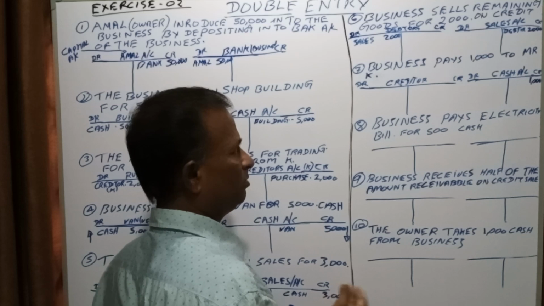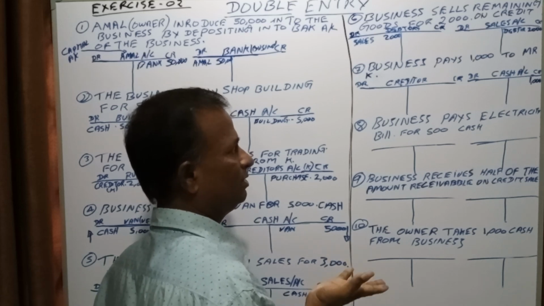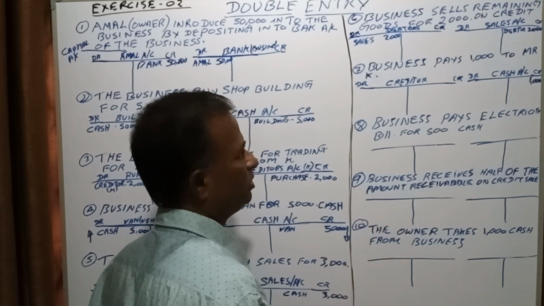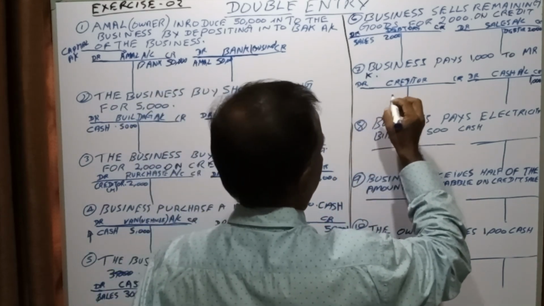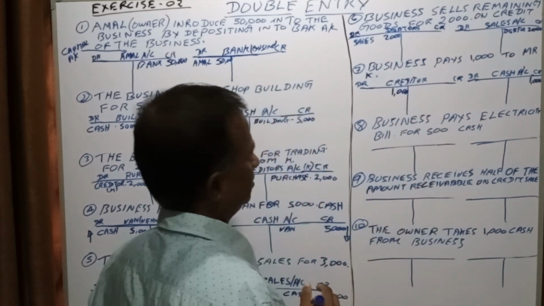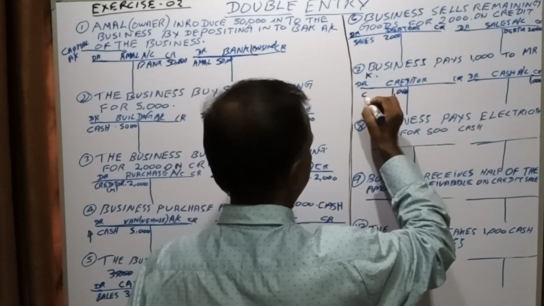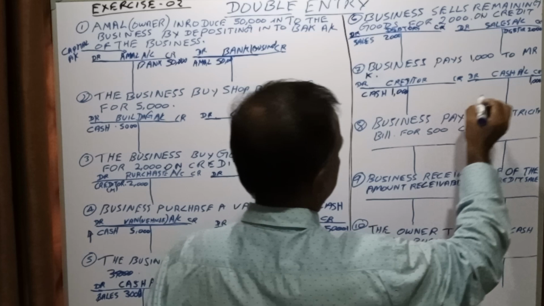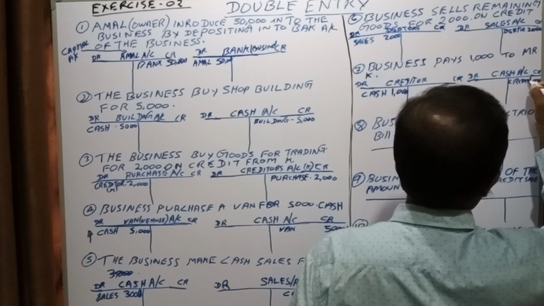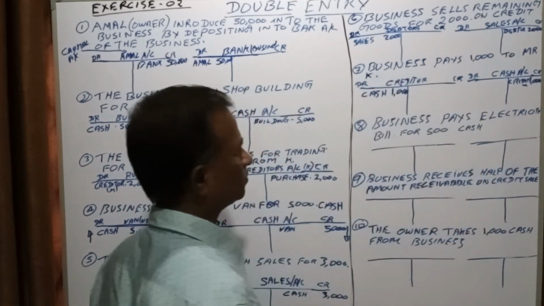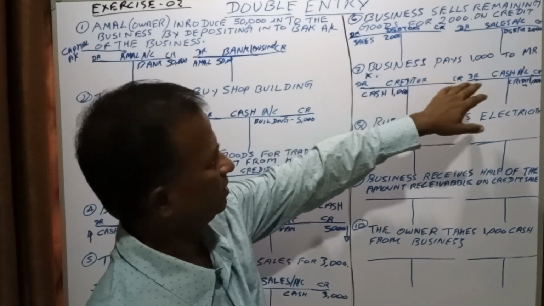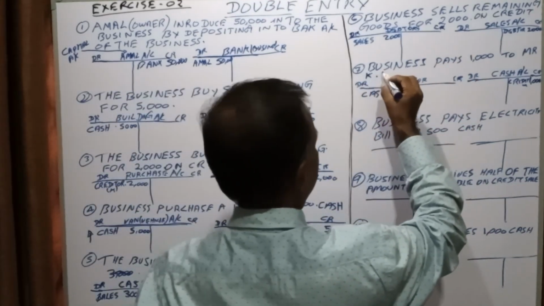When we pay to Mr. K, the creditor, the liability is decreasing. If there is any decrease in the liabilities, it has to be debited. So here we give cash and here we give creditors. Business pays 1000 to Mr. K, means creditor.